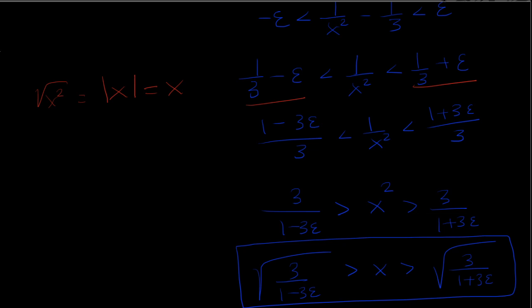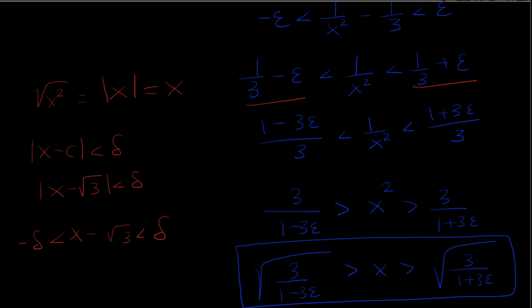Okay, the next one, we want to look at the absolute value of x minus c less than delta. C is the x value that we're approaching, which we said was square root 3. So we'll have x minus root 3 between negative delta and delta.